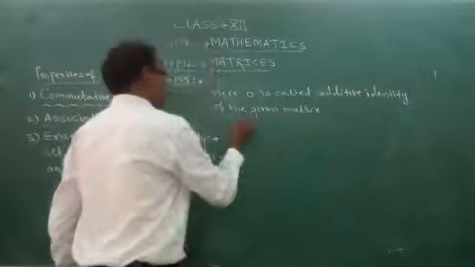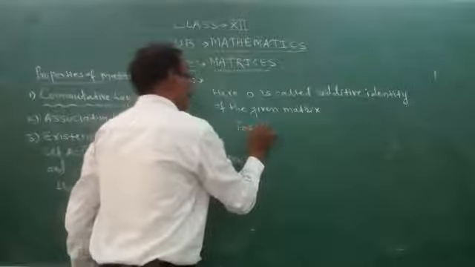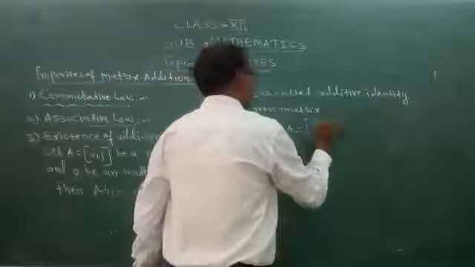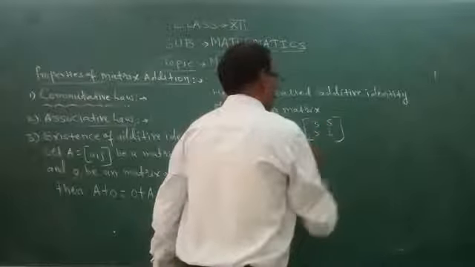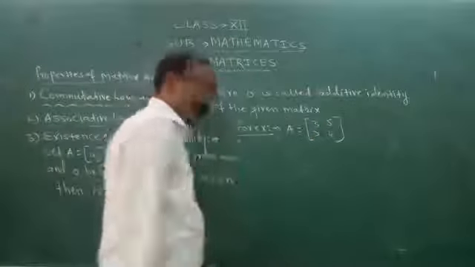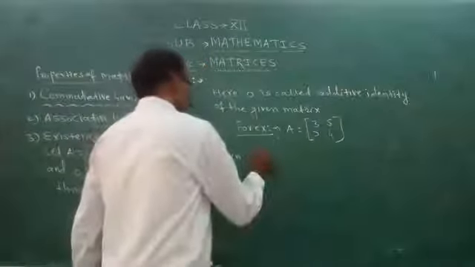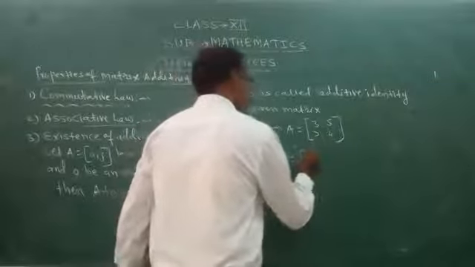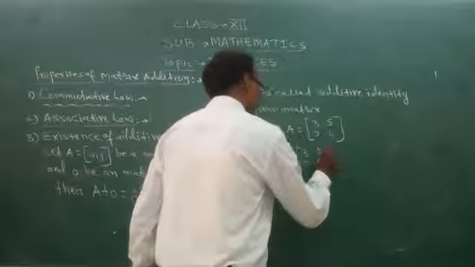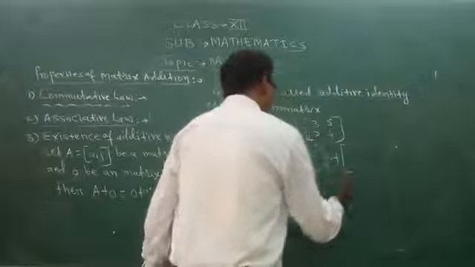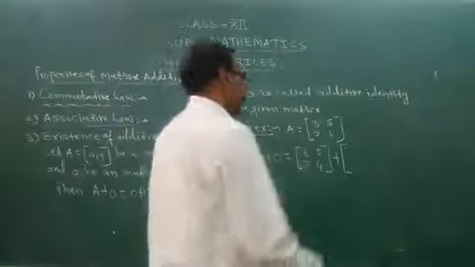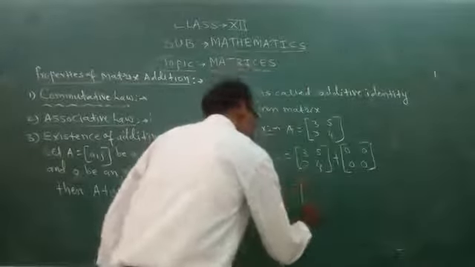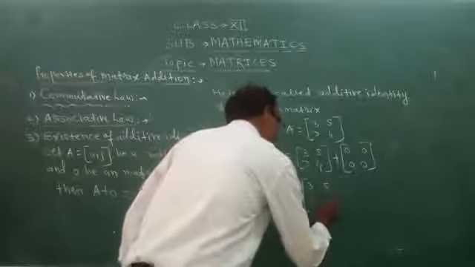So, for example, A is equal to 3, 5, 7, 4. If I am adding the 0 matrix, you have to add a 0 matrix of the same order: 0, 0, 0, 0, which again gives me 3, 5, 7, 4.